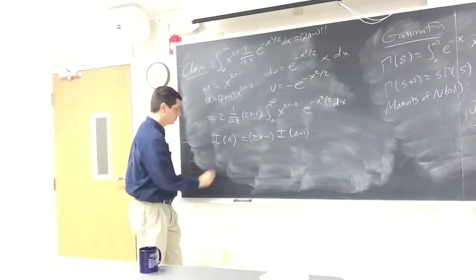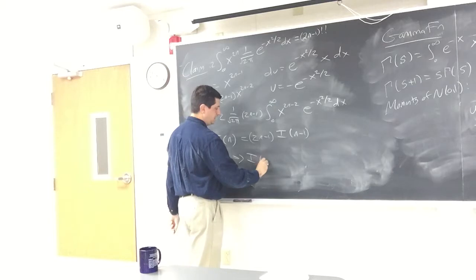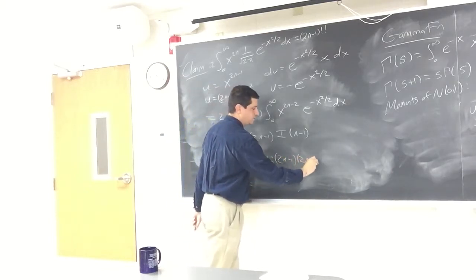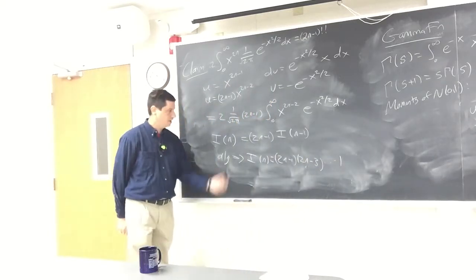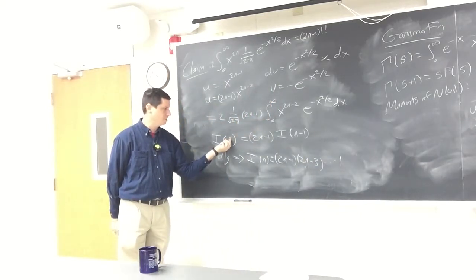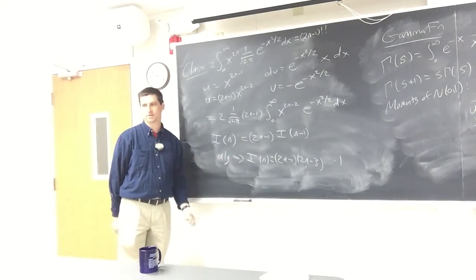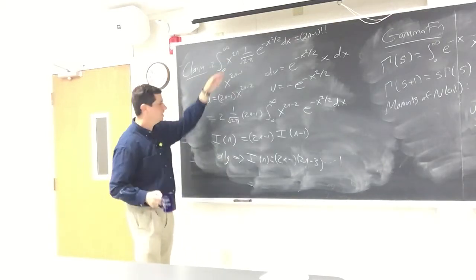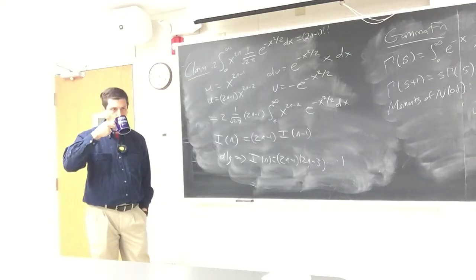So with a little bit of algebra, you get I_n is 2n minus 1, and you'll have 2n minus 3, all the way down to 1. You just keep applying this relation. Now when you apply with n minus 1, you get 2 times n minus 1 minus 1, which is 2n minus 3. And you just march down. So this is a nice way to calculate the moments of the Gaussian by induction.